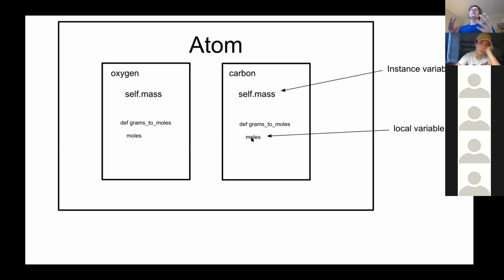Those only last during the call to the function. So we have to differentiate between variables that are associated with the instance, which stay around, they don't go away, they're long-lasting variables, and local variables. Just as we've seen in other places, if we create a variable within any function, whether it's in a class or not, that's just a variable that gets created when the function is called, and when the function is over, it doesn't exist anymore.